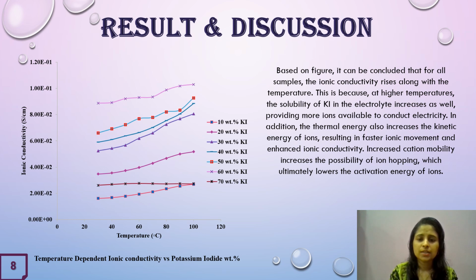In addition, the thermal energy also increases the kinetic energy of ions, resulting in faster ionic movement and enhanced ionic conductivity. Increased cation mobility increases the possibility of ion hopping, which ultimately lowers the activation energy of ions.